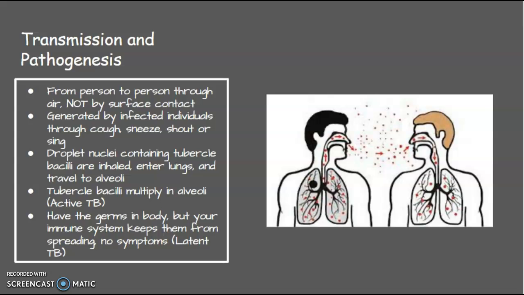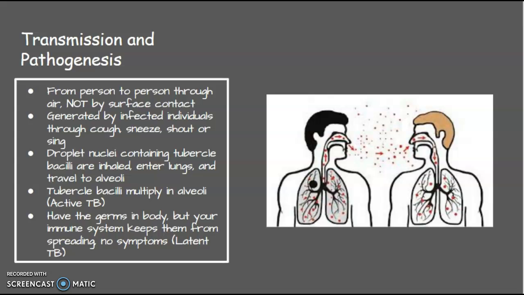Tuberculobacilli multiply in the alveoli, which is active TB. In latent TB, they have the germs embodied, but your immune system keeps them from spreading, which shows no symptoms. It's estimated that the infectious particles can remain within the air for hours, but this is also dependent upon the climate and the weather conditions.